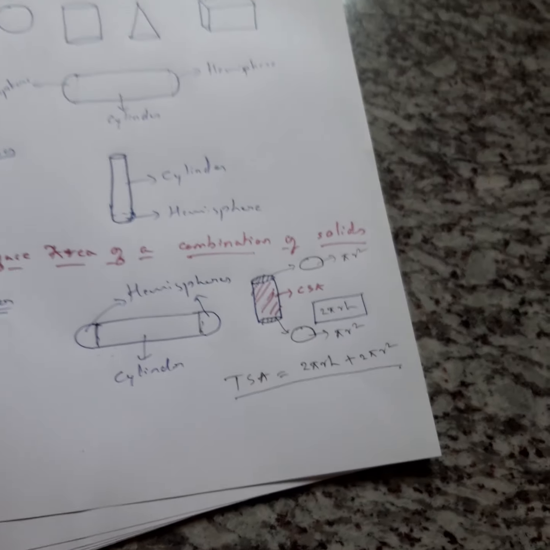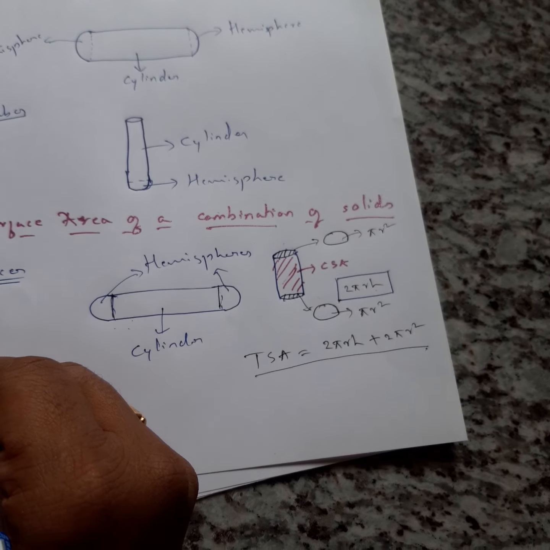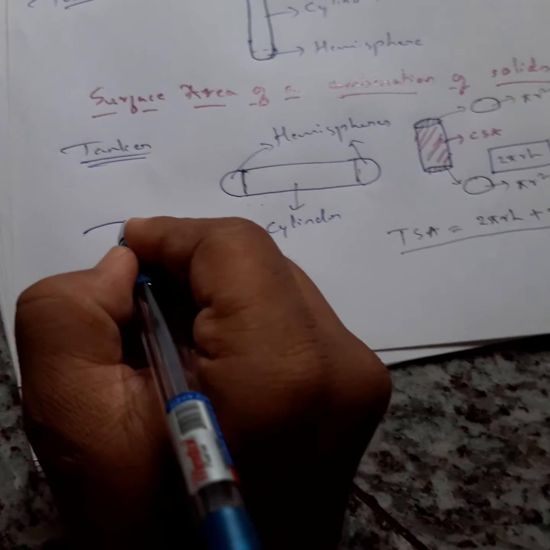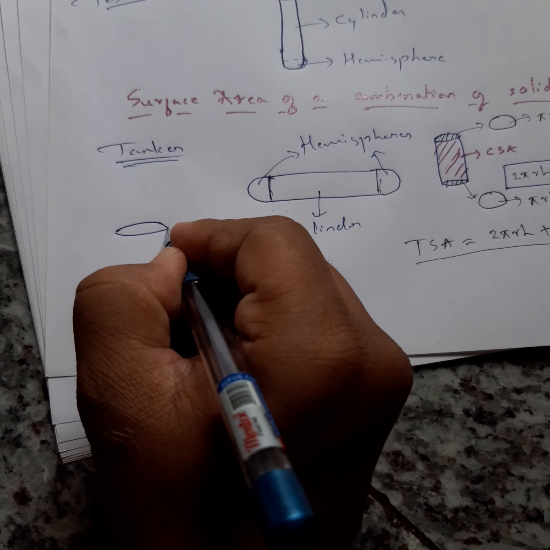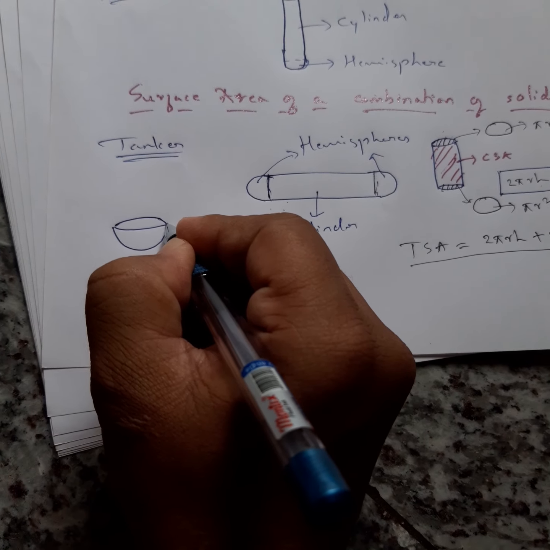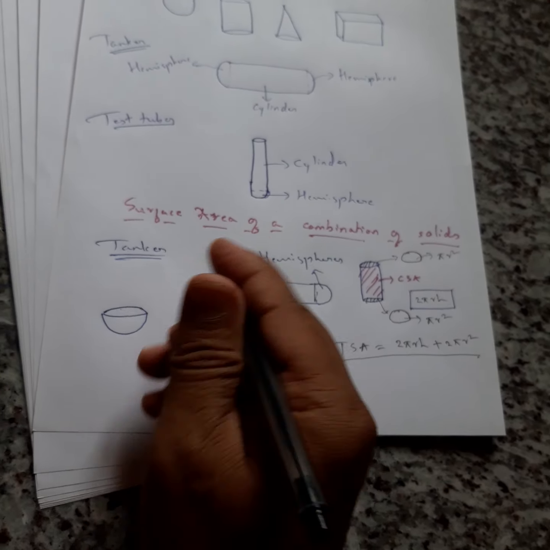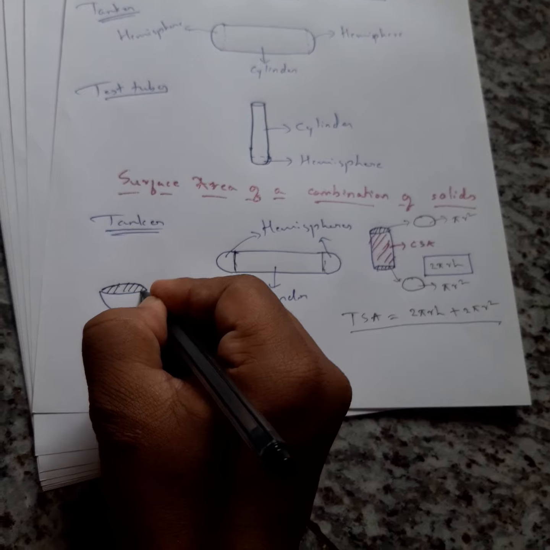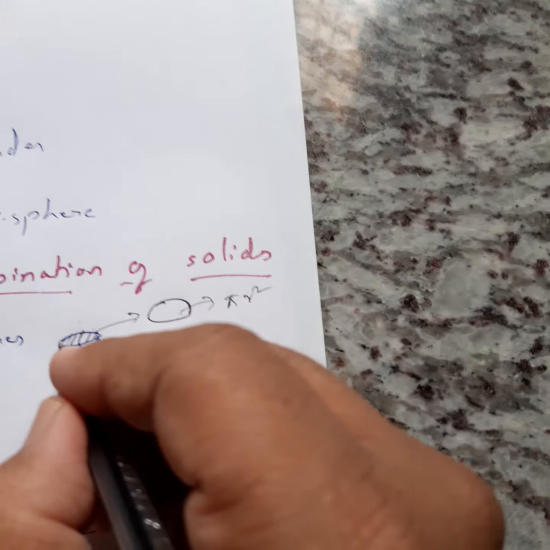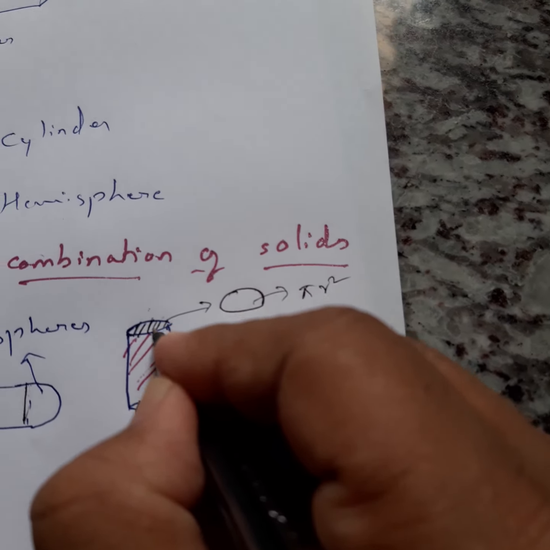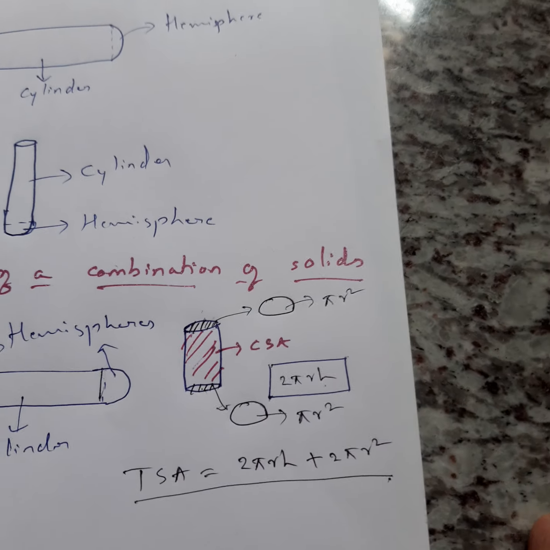So how does the hemisphere look? I'll draw that also. This is my hemisphere. So this circle part of the hemisphere is getting merged with the circle of the cylinder.